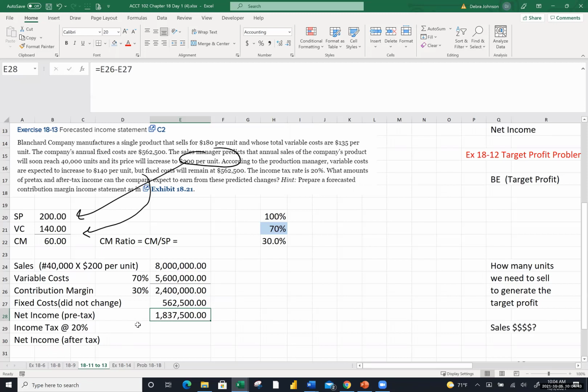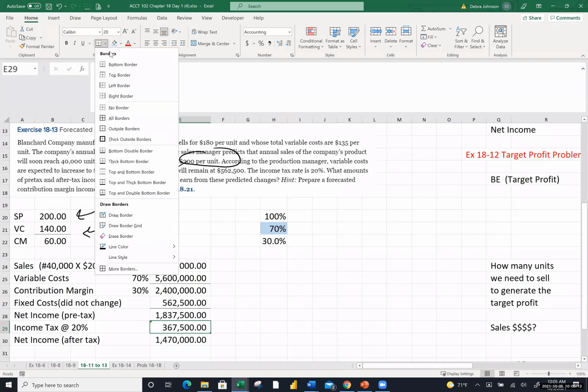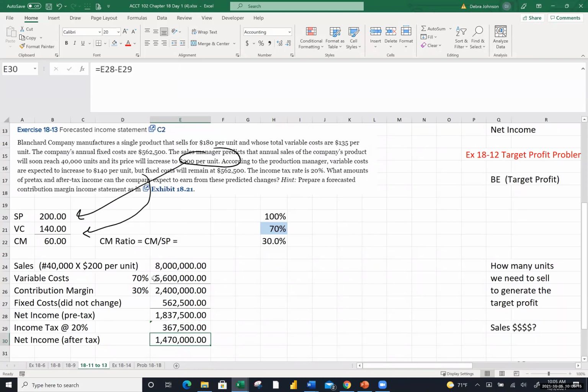And if I'm getting taxed at the rate of 20%, we'll take that amount right above it times 20%, 0.20 if you don't have a percentage key, 20% if you do. There's the tax I need to pay over to the government. And the net income would be the difference. There's their forecasted pre and post-tax income statement.